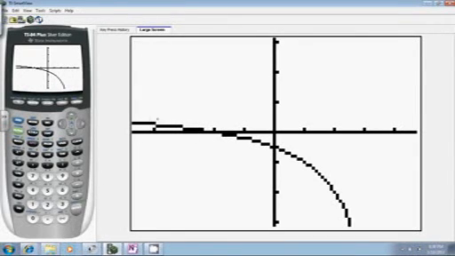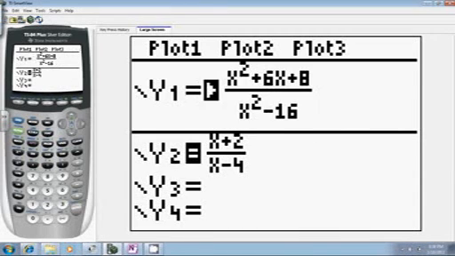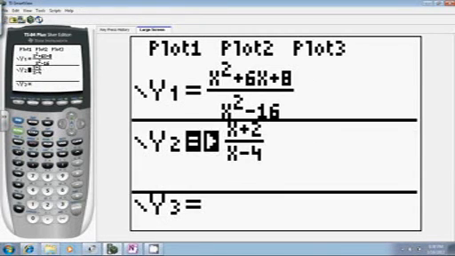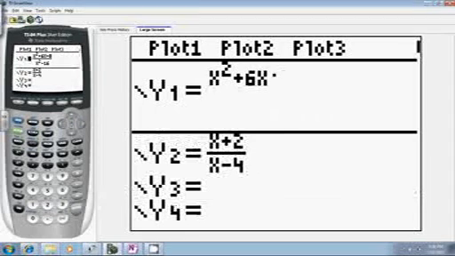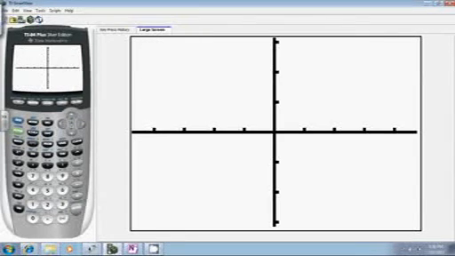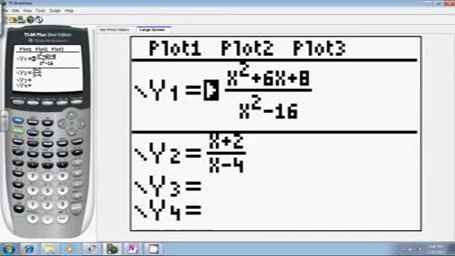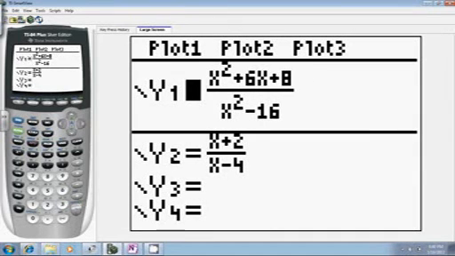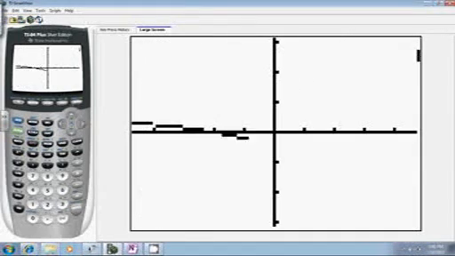Remember before, let me go back. Let me take this graph off and now graph the original function. Forgot to turn it on. Graph. Now there's that hole at negative 4.